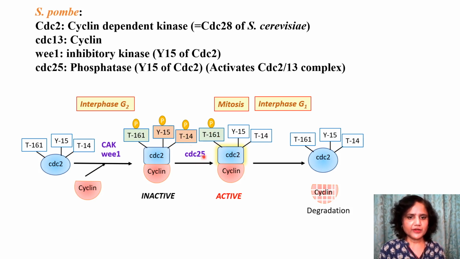After the removal of this, only the activating phosphorylation is present, and this complex is active, and now it can go and phosphorylate its various specific targets. At the end of mitosis, the M cyclin is degraded by ubiquitination by the proteasome, and thus the M-CDK gets inactivated.